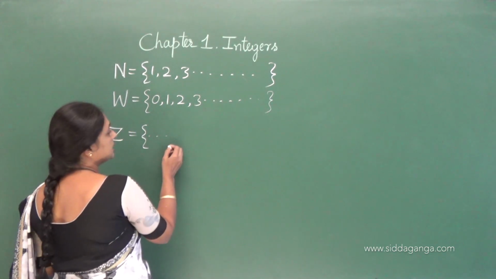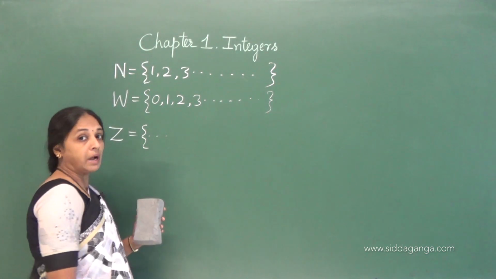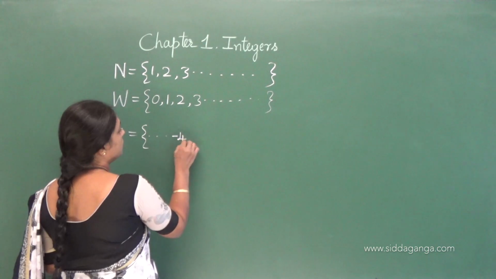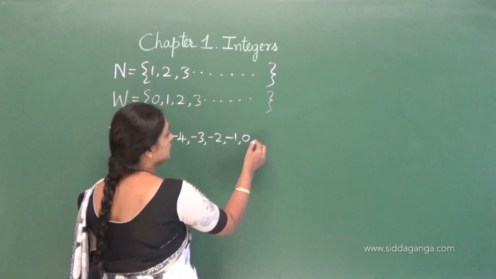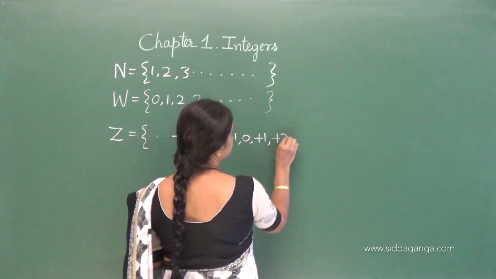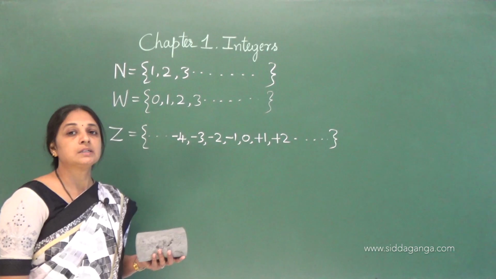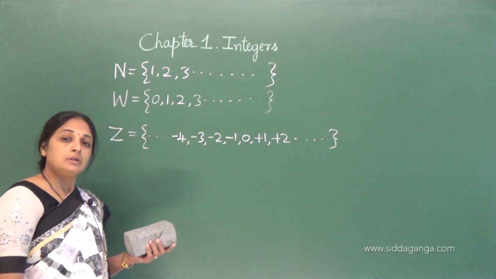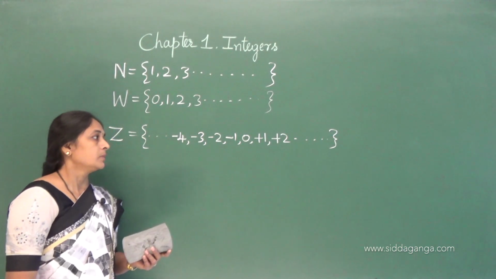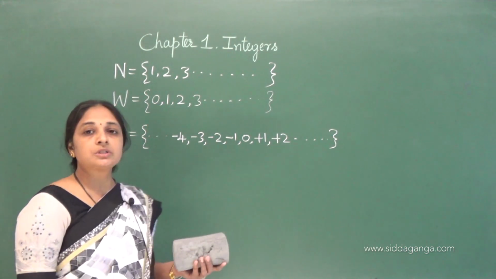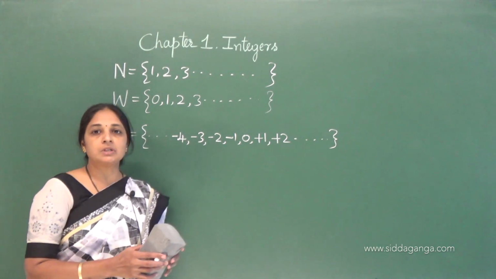Negative numbers are represented by the minus sign: -4, -3, -2, -1, 0, +1, +2. Like this it is also an infinite set because it has an enormous number of numbers, a bigger collection of numbers. Here we use a negative sign to note the negative numbers.